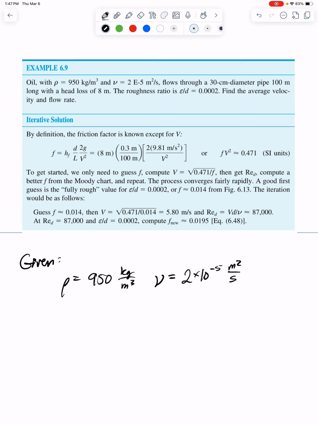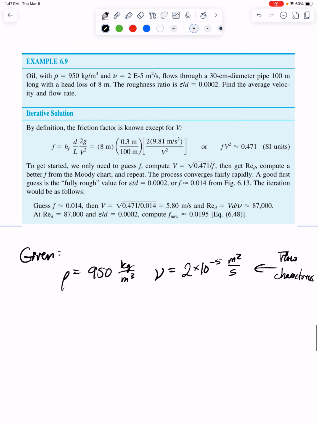These are flow characteristics. It's flowing through a 30 centimeter, or 0.3 meter, pipe, and the pipe has a length of 100 meters. So this is pipe geometry.